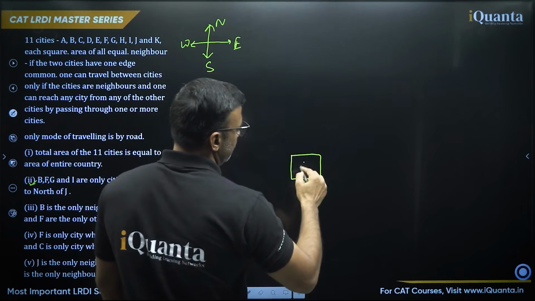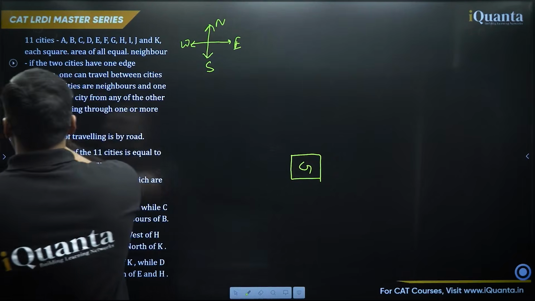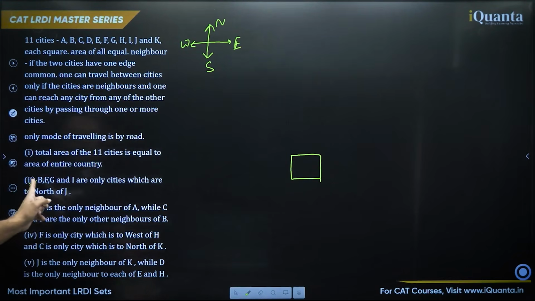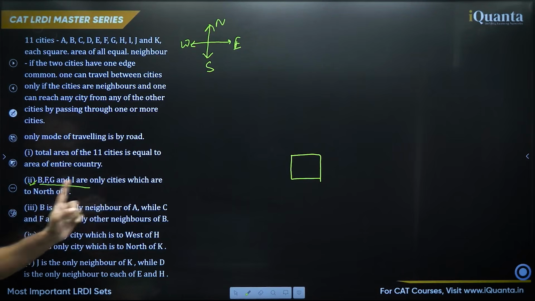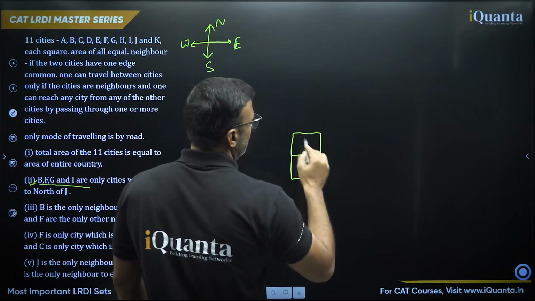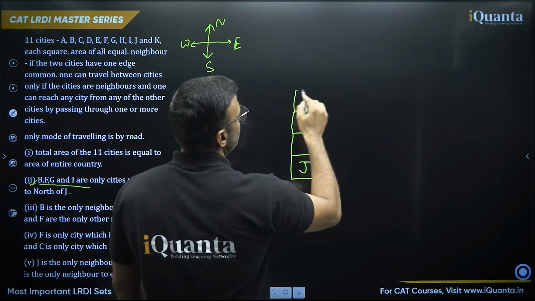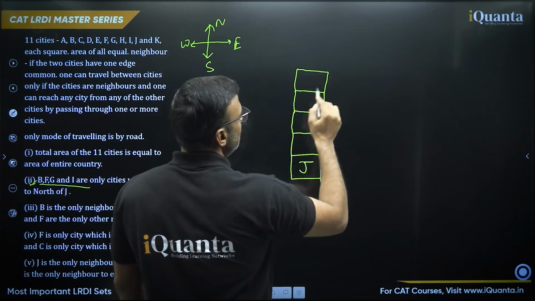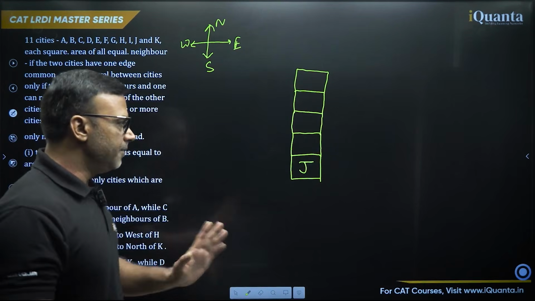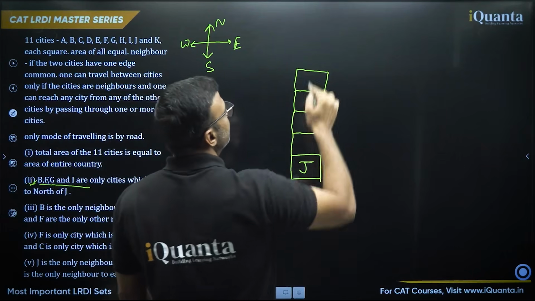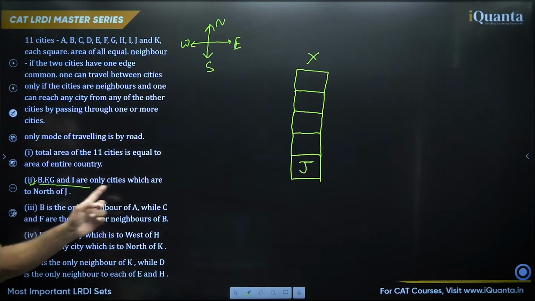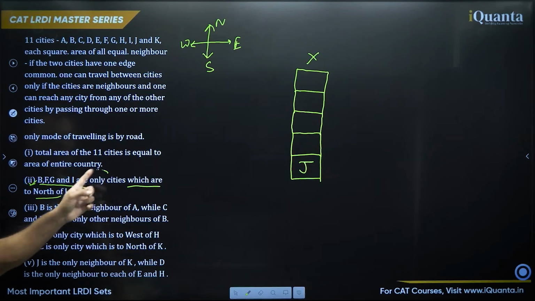So J is here, and above J, because we're talking about north, there are only four cities which are to the north of J. So if this is J, 1, 2, 3, 4. But we don't know where B, F, G and I are. One thing is very clear, though: there is no city here, so I put a cross mark there. Why is there nobody there? Because these are the only four cities to the north of J.